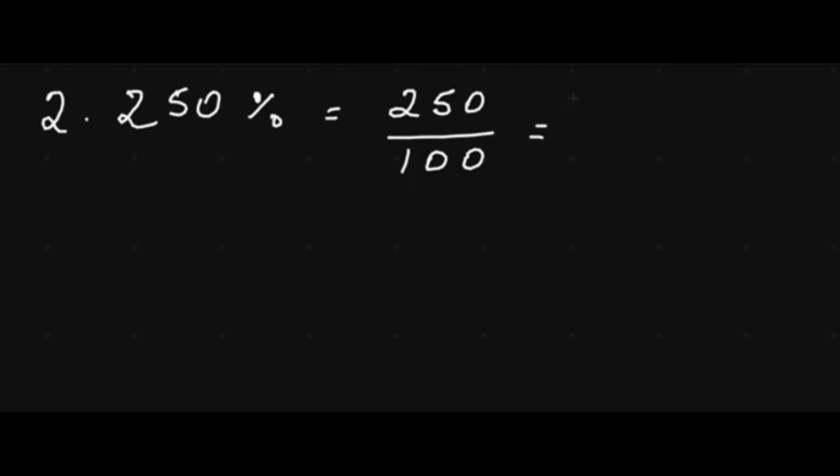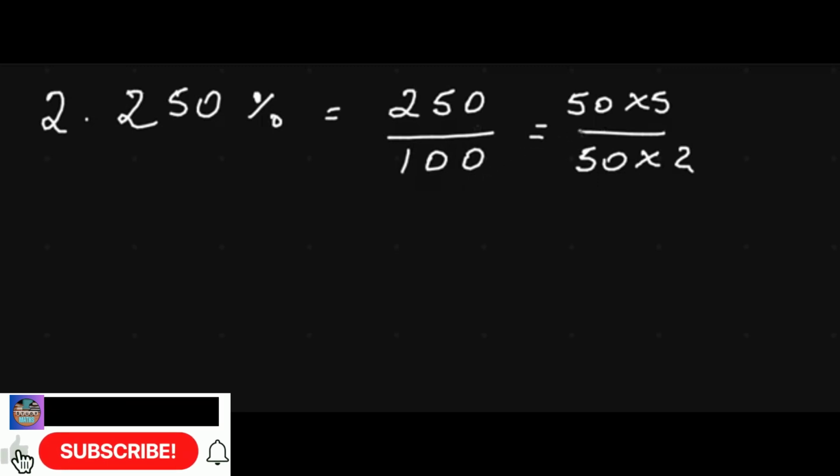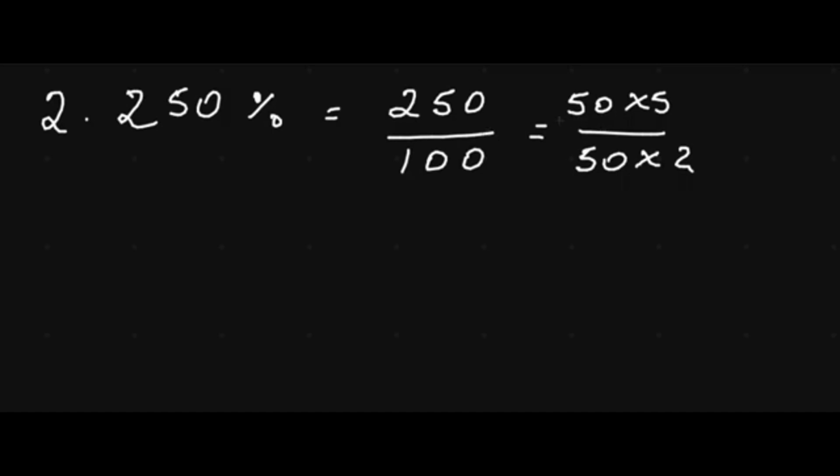So 250 means 50 multiplied by 5, and 100 means 50 multiplied by 2. 250 divided by 50 is 5, and 100 divided by 50 is 2. So we can cancel 50 by 50. The result will be 5/2.